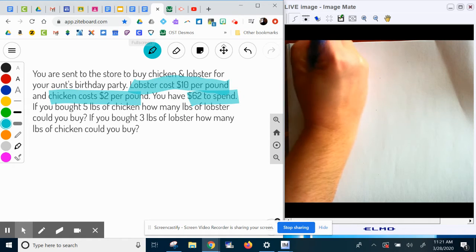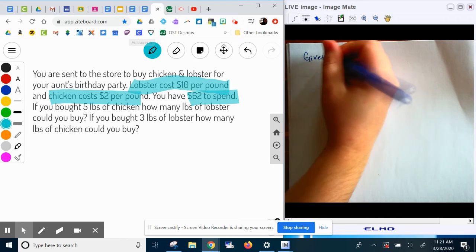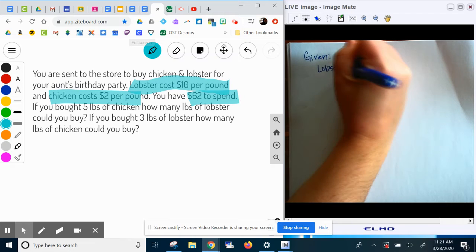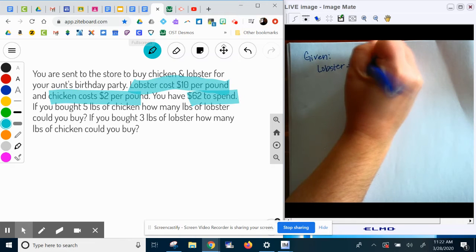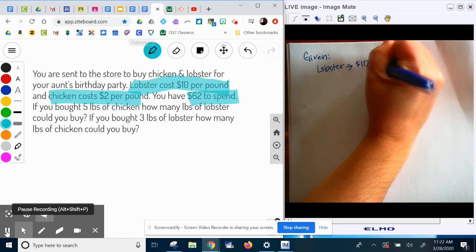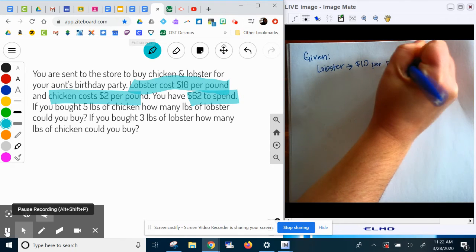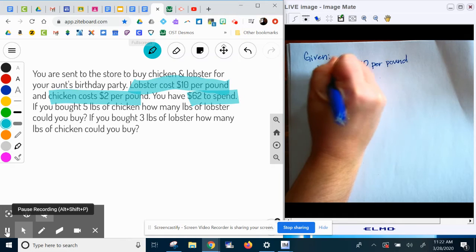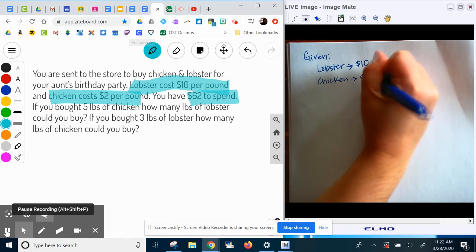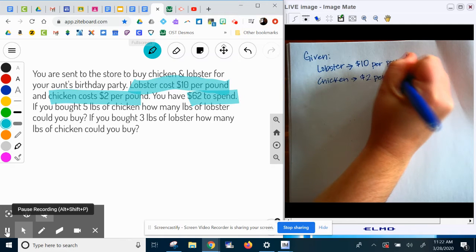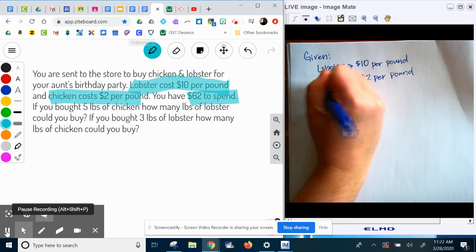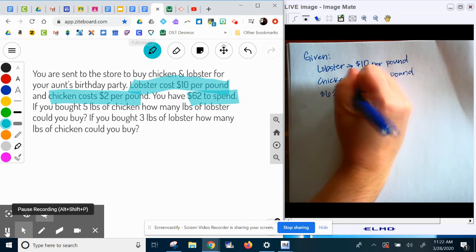So I'm given lobster is $10 per pound, and chicken is $2 per pound. And finally, we have $62 to spend.